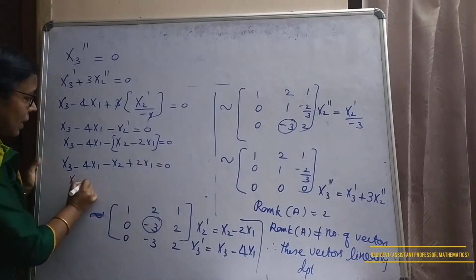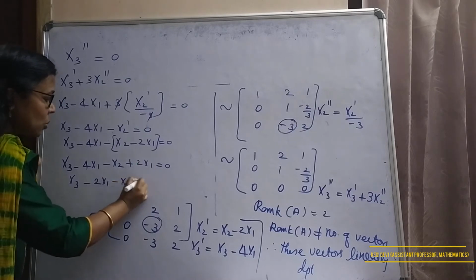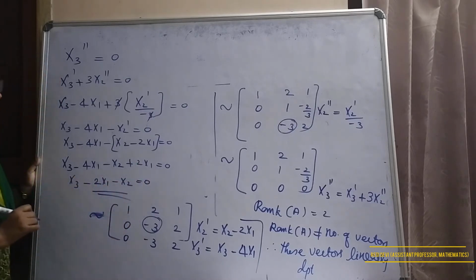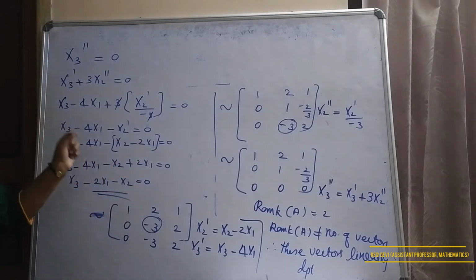That is x3 minus 2x1 minus x2 equal to 0, which is the relation connecting these three vectors. That is, x3 minus 2x1 minus x2 equal to 0 is the relation connecting the vectors x1, x2 and x3. Okay.